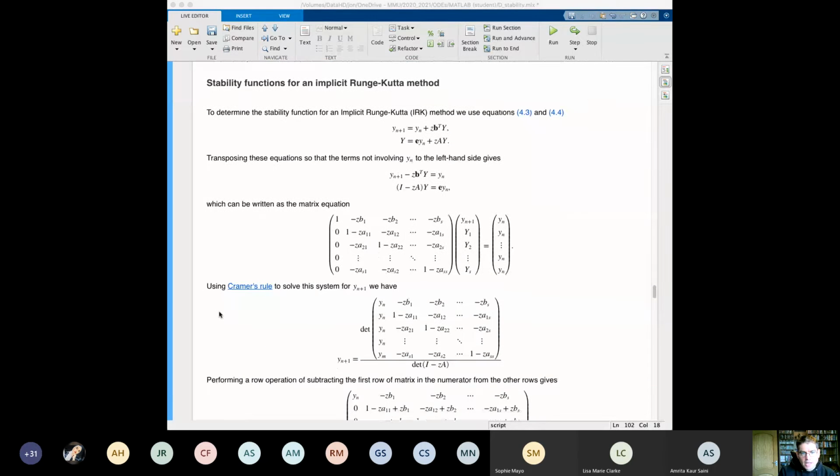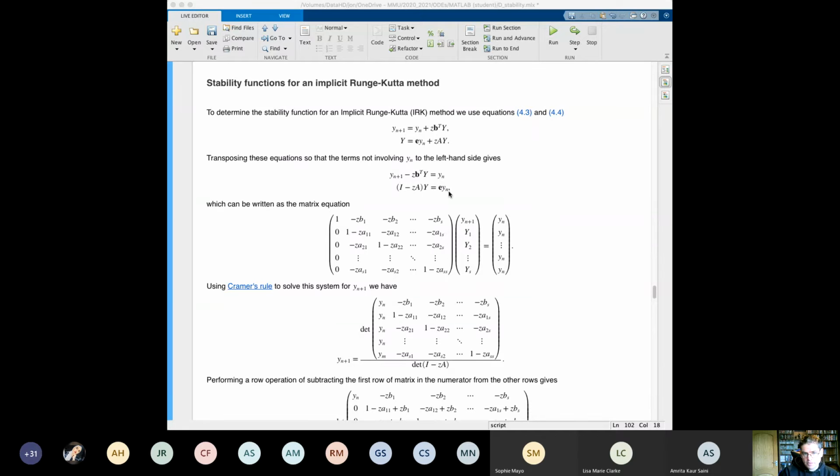If you have a look at the stability for an implicit method, again we're going to be using the vector form of our Runge-Kutta method. Remember, this is the vector form when applied to the test equation, that test ODE. Transposing these equations, the known values of our solution are on the right-hand side. In other words, the terms not involving yn are on the left and yn is on the right.